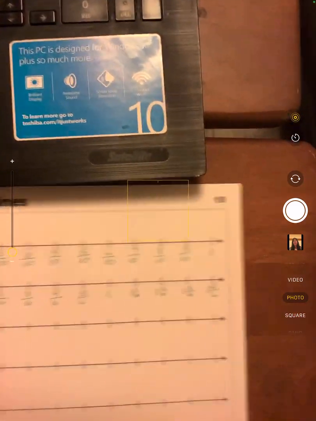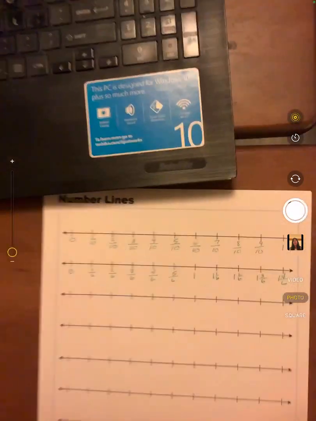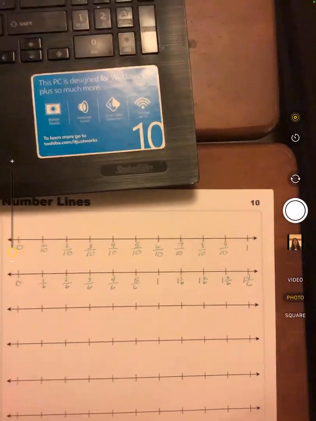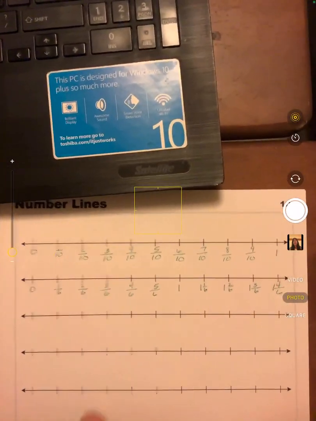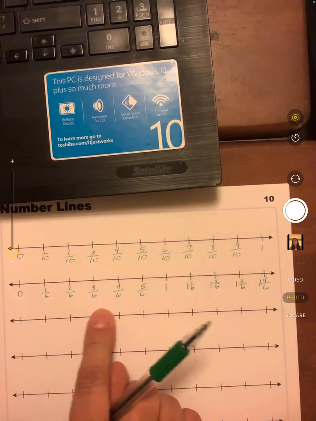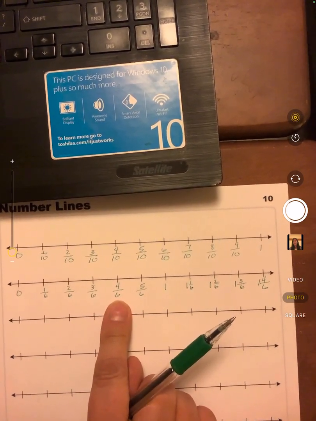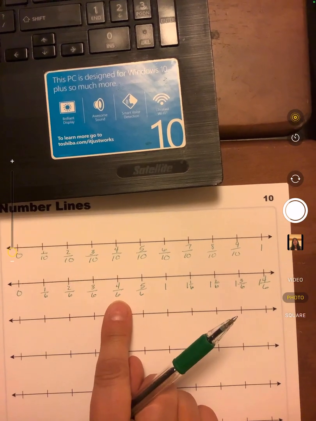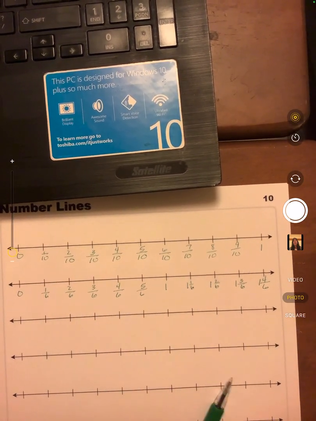The first one that we're going to do is on the second line graph where it says 0, 1/6, 2/6, 3/6, 4/6. They want us to graph 1/3 on this number line.